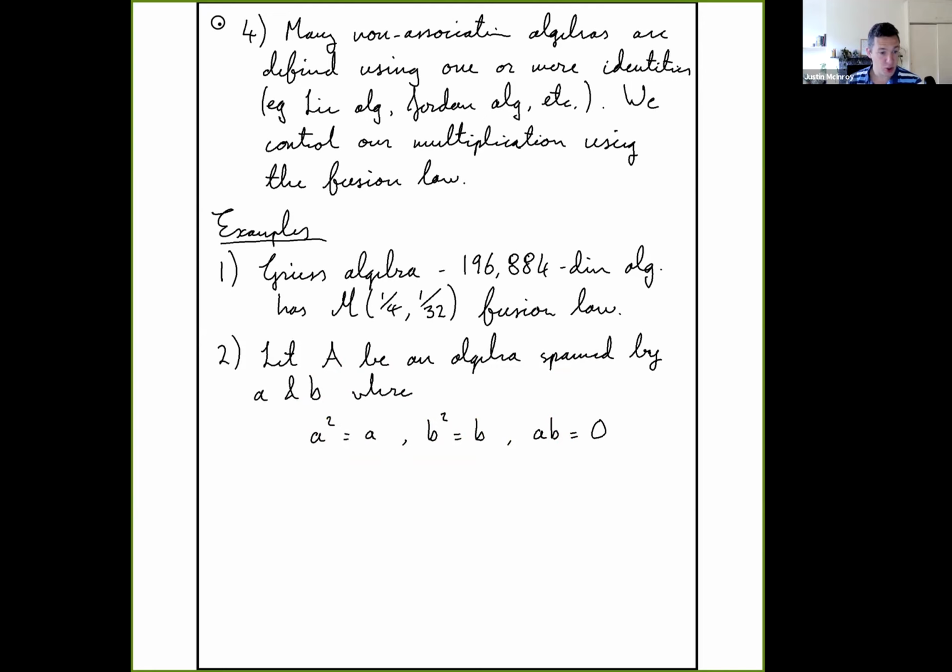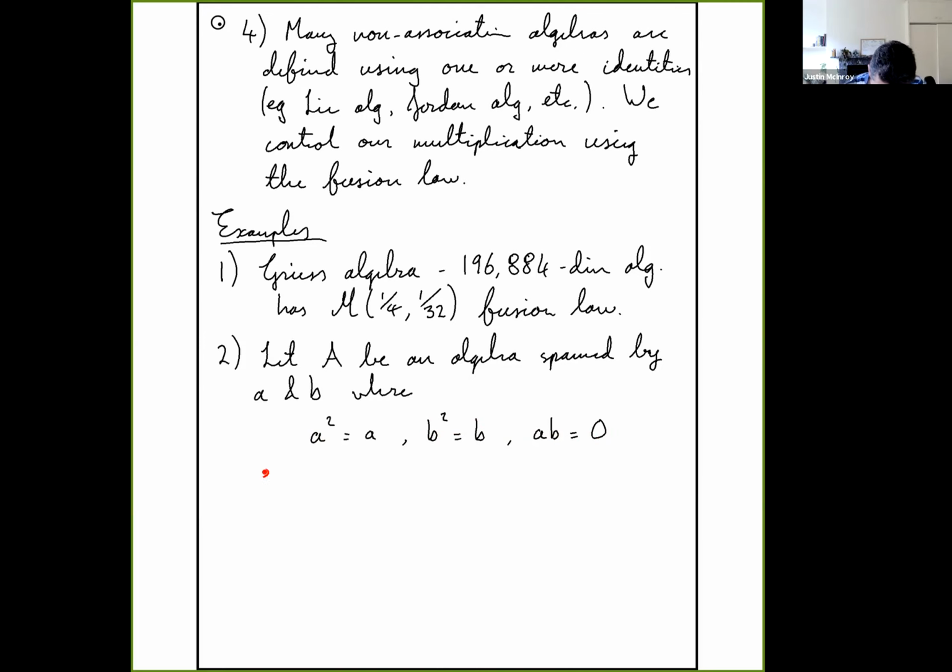And what are their fusion laws? Well, let's just think about A. I have A in the one eigenspace for A, and B is in the 0 eigenspace for A. Similarly for B, B has also just 1 and 0 as its eigenvalues. And you can check.